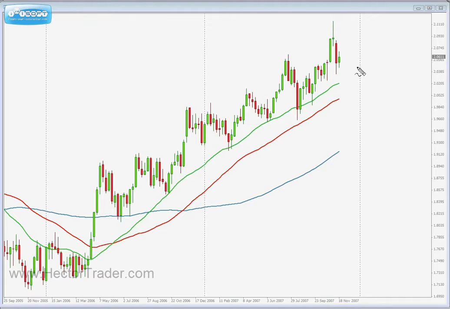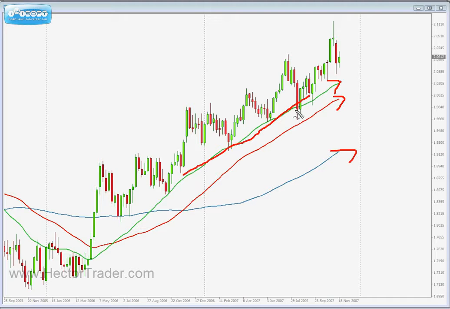Now let's analyze this chart. Why not, guys? First of all, how are these moving averages plotting on my chart? Well, I see they are all in order, aren't they? The 30 is above the 50, and the 50 is above the 100. Good. Moreover, I can see that they are all pointing in the same direction.